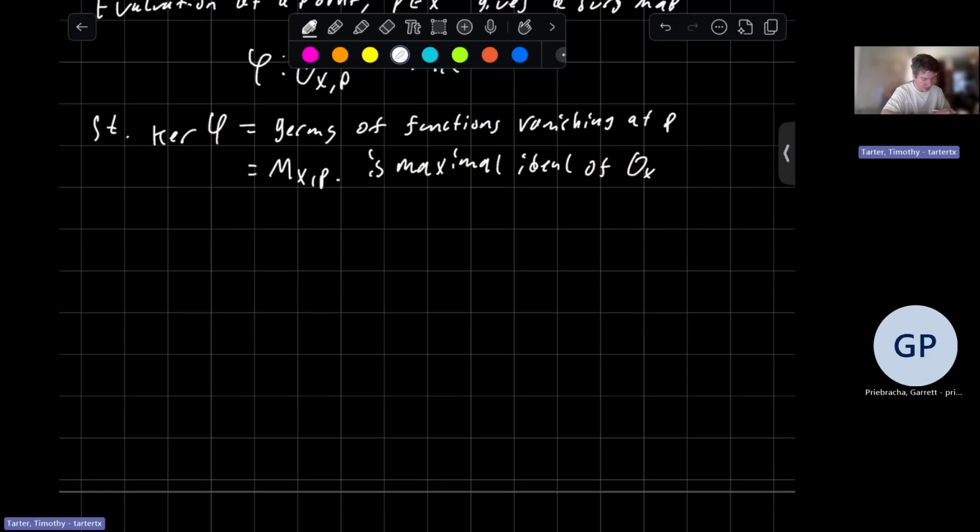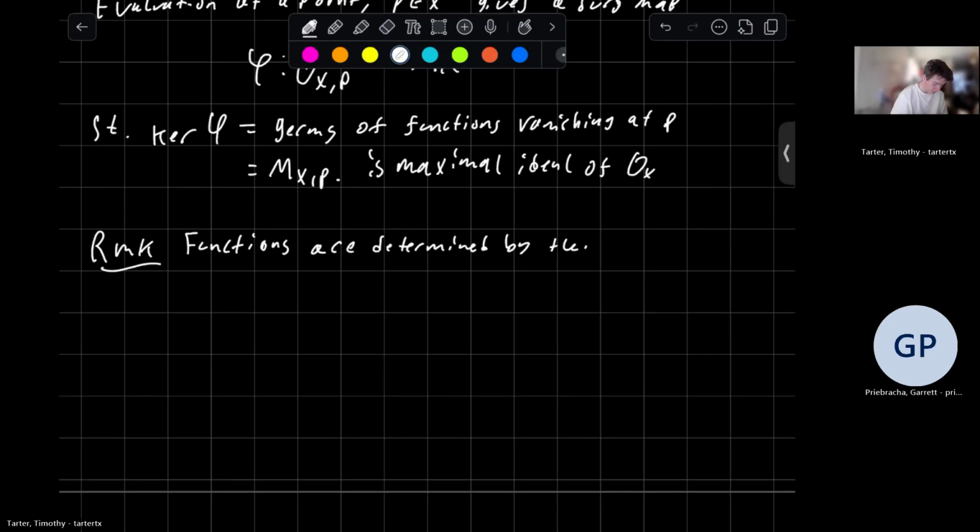You don't need to worry about that remark. So he has a remark, which is that functions are determined by their values at points.